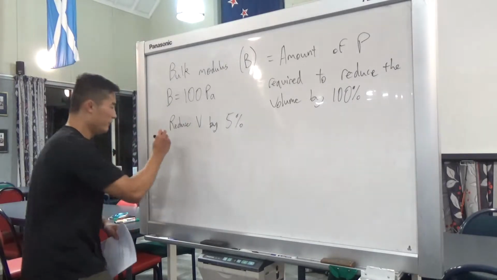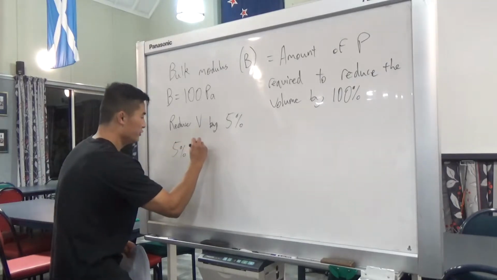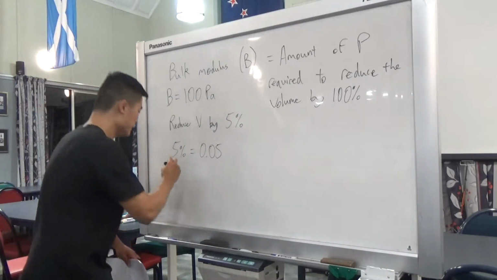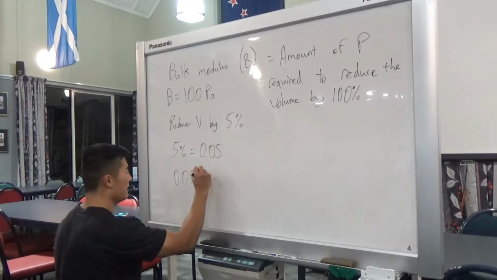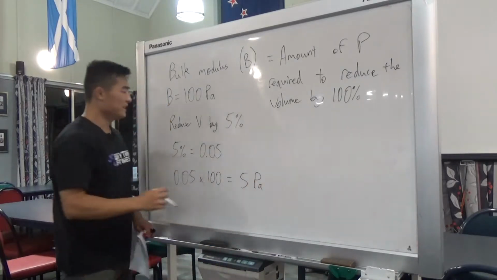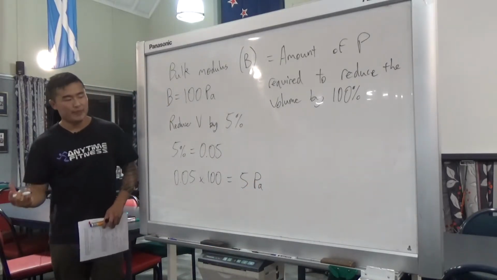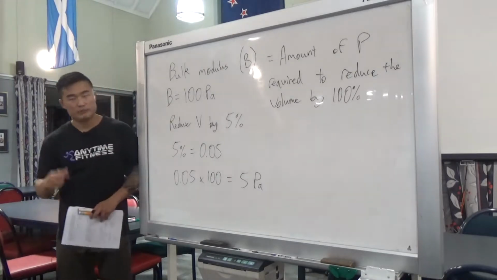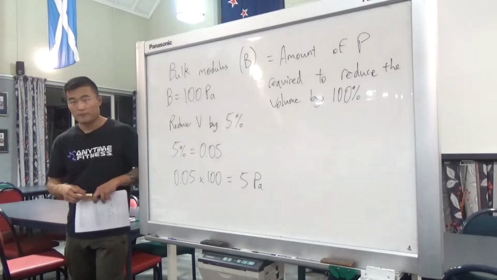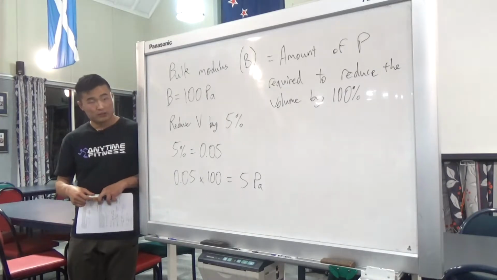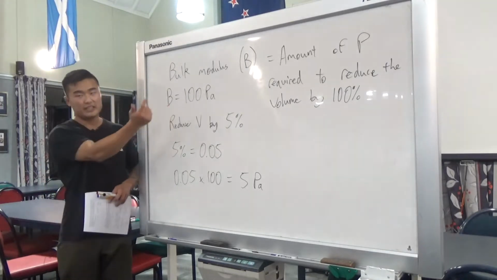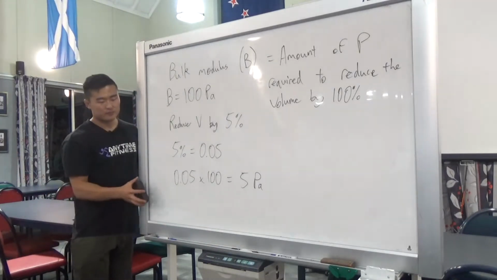So 5% is equal to 0.05, if you want to convert that into a decimal. So that means 0.05 times 100 will be equal to 5 pascals. So that means that you would need a pressure change of 5 pascals, or 5% of the bulk modulus, to reduce the volume by 5%. Okay? So if you want to reduce the volume by 3%, then you just calculate 3% of the pressure. Okay?